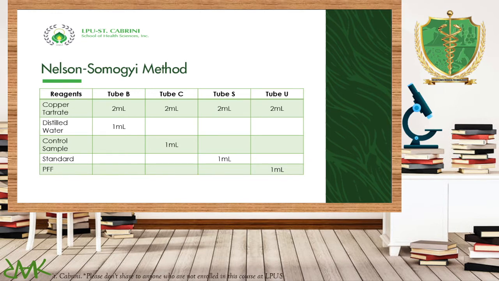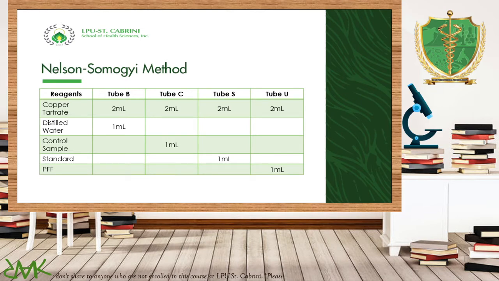Now, as we go on into our face-to-face session, when time permits, I will show to you what a Folin-Wu tube looks like, or we are going to perform this test. We have Folin-Wu tubes in our laboratory.